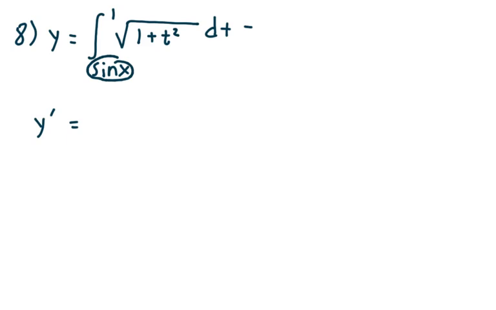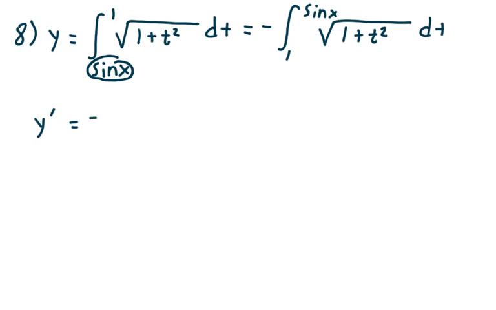And so I have to rewrite this integral as follows. This is going to be negative the integral from 1 to sine of x of the square root of 1 plus t squared dt. And so in the integrand square root of 1 plus t squared, I'm going to replace t with sine of x.